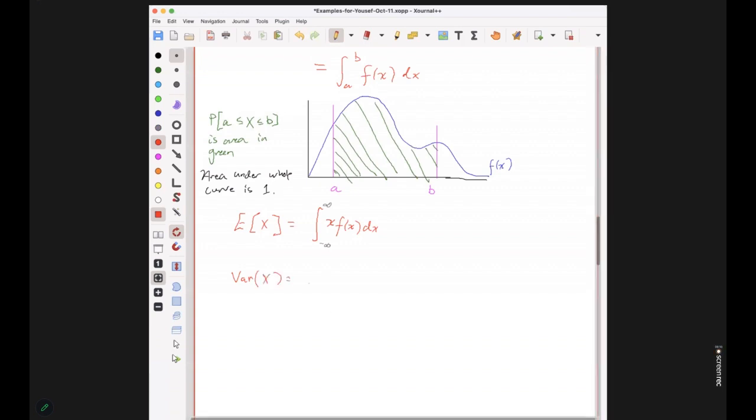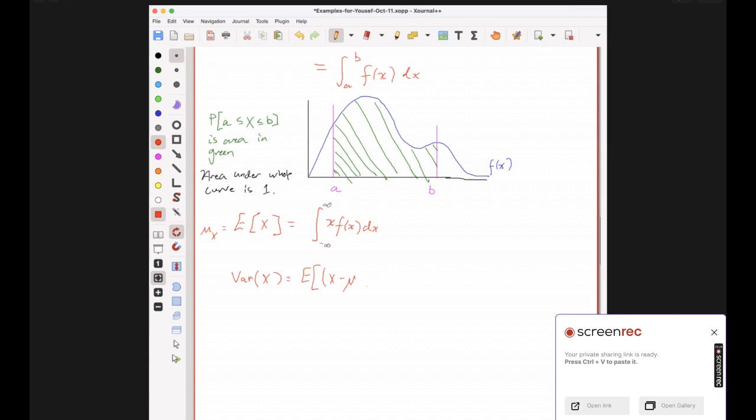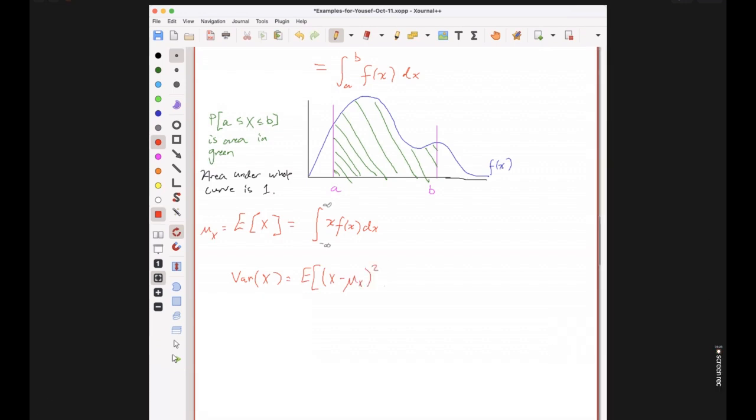And the variance of x, we can say is the expectation of x minus mu x, which is our expectation for x itself, squared. Or in other words, the expectation of x squared minus mu x squared.